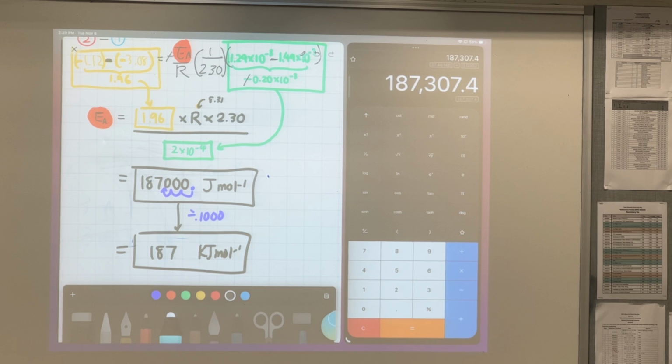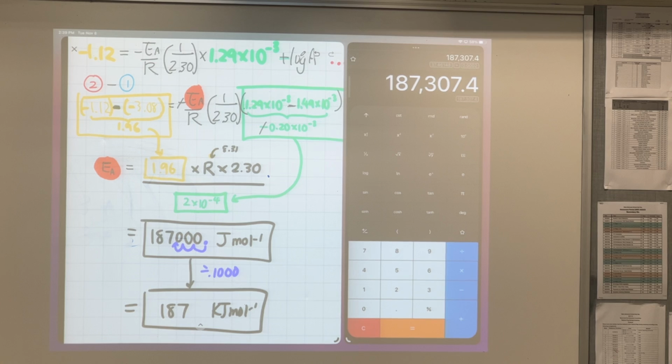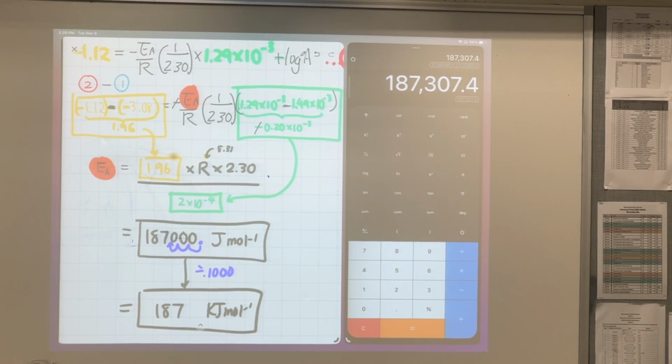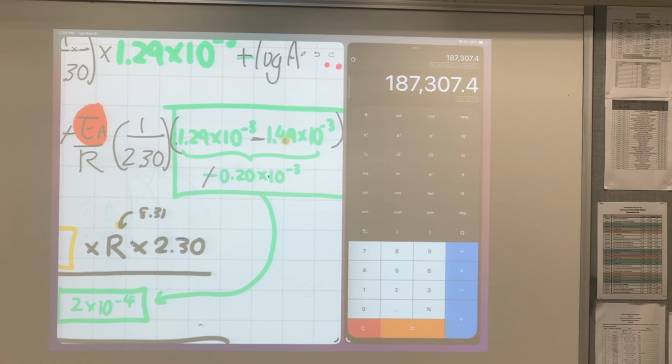Let me try this again. Is that 4.44? Which one is 4.44? 1.96. This is 1.96. No, the green one. The green one is 2 times 10 to the power negative 4. 1.49, 1.29, yeah, so 1.49 and 1.29 give a difference of 0.2, right?